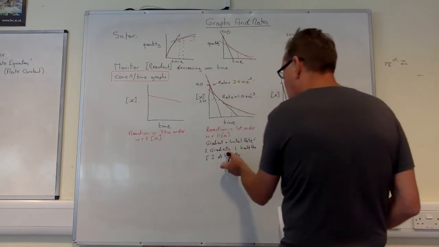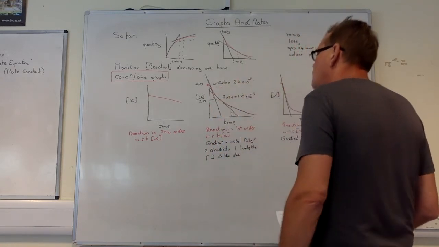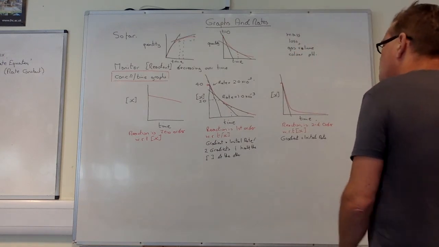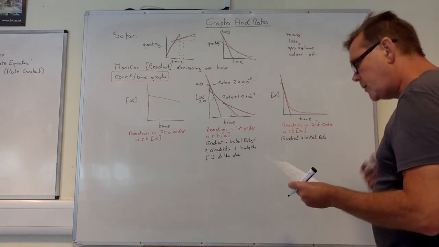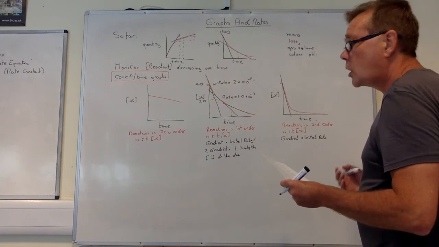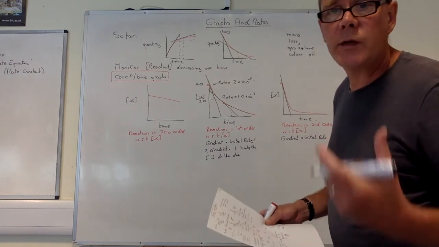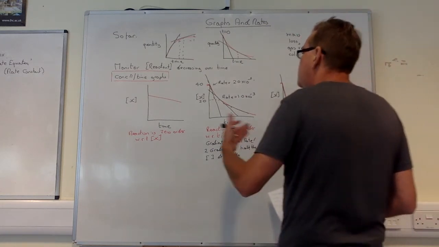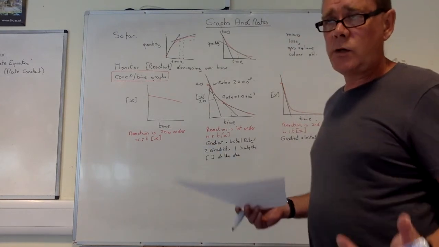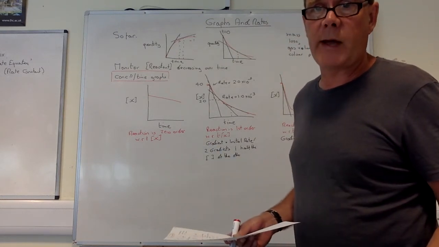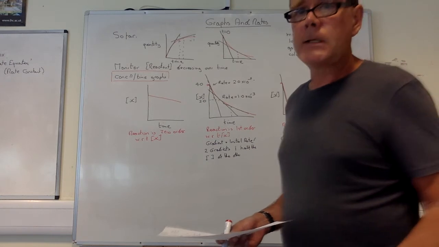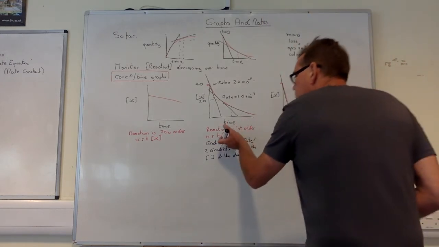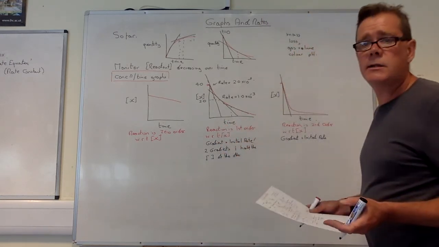If the rate is half, you've got a first order reaction on your hands. Okay? The other thing you can do is something called constant half-life with a graph like this, both of which, the question in the exam will be, use the graph to deduce the order of the reaction. Okay? So, with respect to this particular reactant.